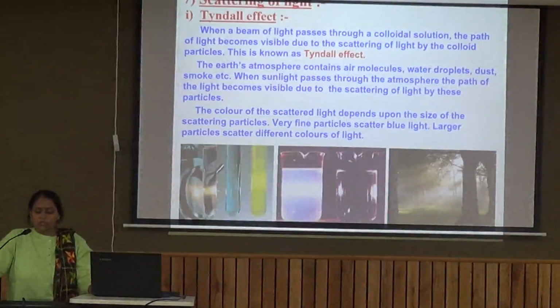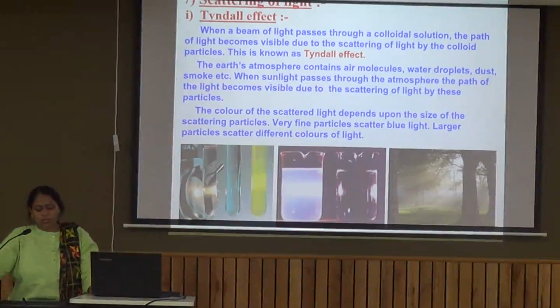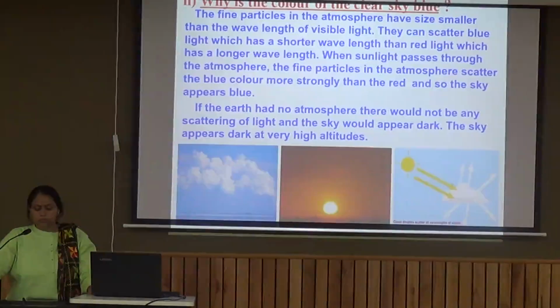The Earth's atmosphere contains air molecules, water droplets, dust, smoke, etc. When sunlight passes through the atmosphere, the path of light becomes visible due to the scattering of the light by these particles. And the color of scattered light also depends upon the size of the scattering particle. So, very fine particles scatter blue light, whereas large particles scatter different colors of light.